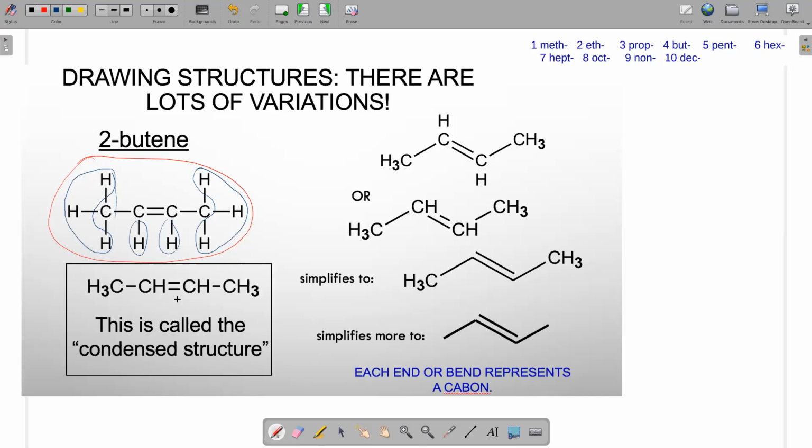So you'll also see these condensed structures where the number of hydrogens bonded to the carbons on the end is just shown as a number of hydrogens. This could also be written, what's actually more common to see would be CH3, CH, CH, CH3. Because we just tend to always put carbon before hydrogen in our naming scheme, but based upon how it looks, the hydrogens are on the left, so it's okay to have H3C, CH, CH, CH3.